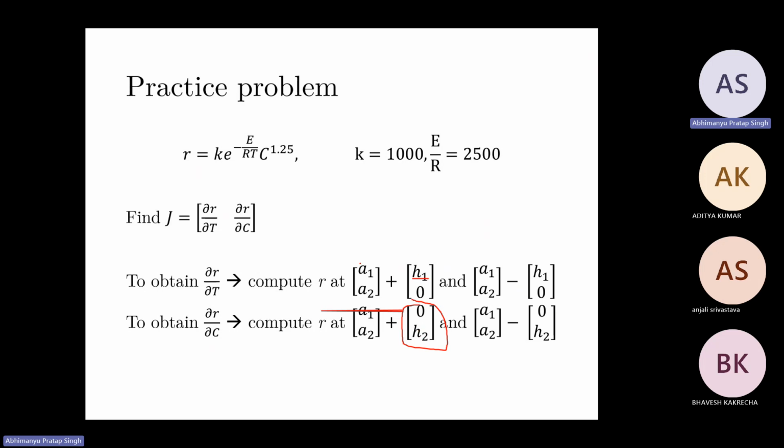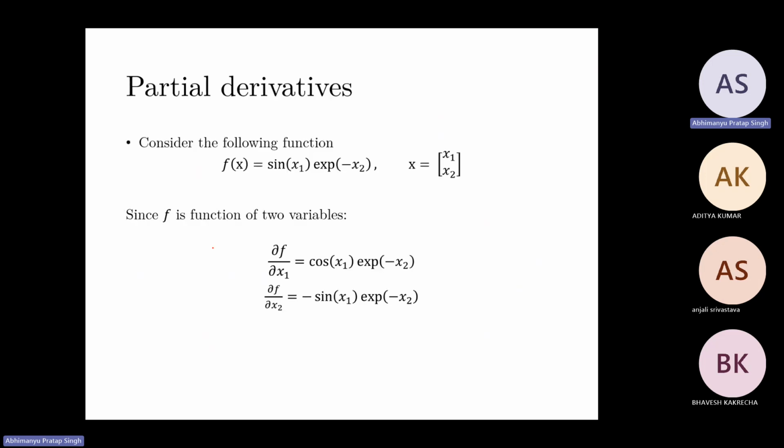In the other case I am making the second row 0 and the first row is a constant number. So I will be perturbing the first variable in the first case, and the second variable in the next case. First we will be doing the same thing for this function also. In one case we will be perturbing the variable x1 keeping x2 the same. In the other case we will be perturbing variable x2 keeping x1 the same.